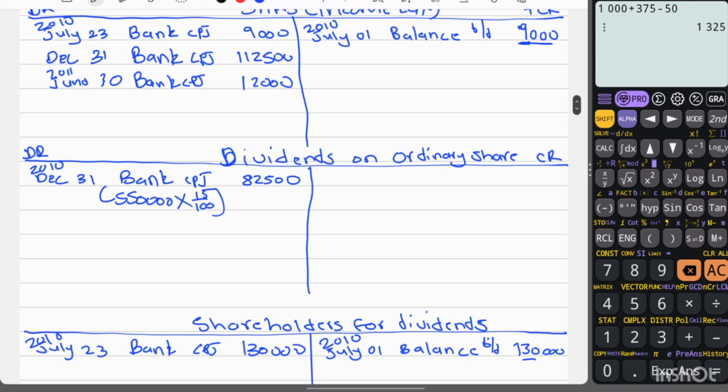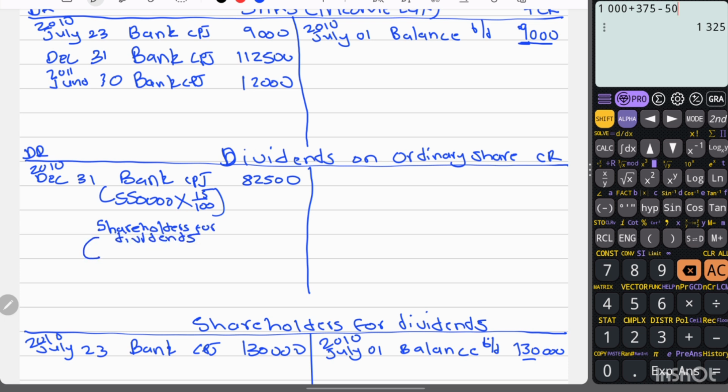Let's go now and calculate our shareholders for dividends, our final dividends. I'm not going to write bank. Why? It's because this one was declared but not paid. So instead of writing bank, I'm going to write shareholders for dividends.